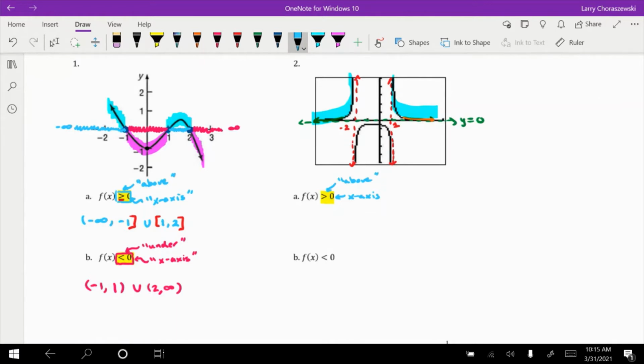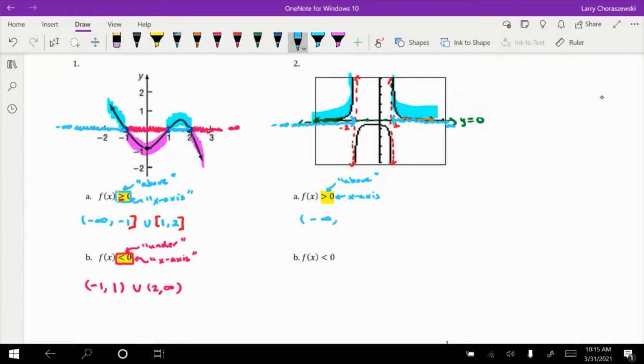Now the x values that correspond to the first piece are going to go from negative infinity all the way up to negative 2. Now since negative 2 is a vertical asymptote, we'll always put a parenthesis on it, regardless of if there's a bar or not. And likewise, we're going to put a parenthesis on 1 and shade all the way down to positive infinity, because those would be the x values that correspond to the piece that's in quadrant 1.